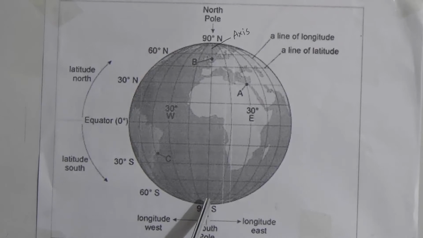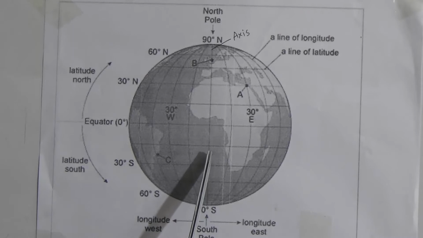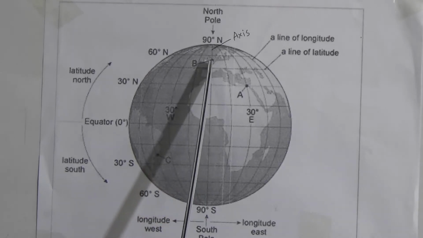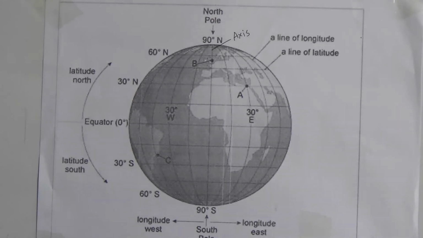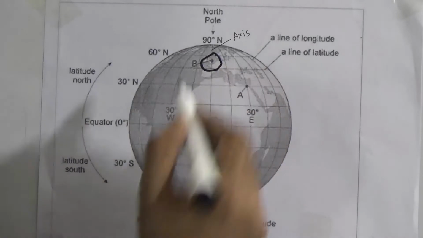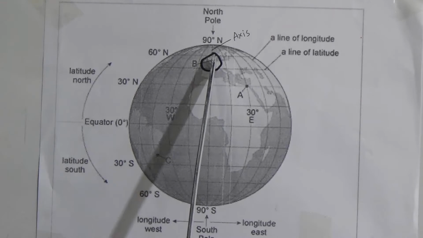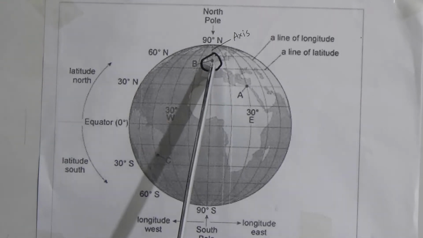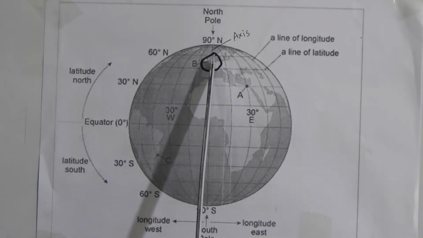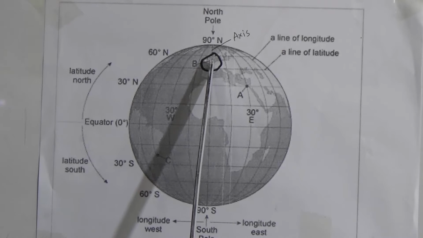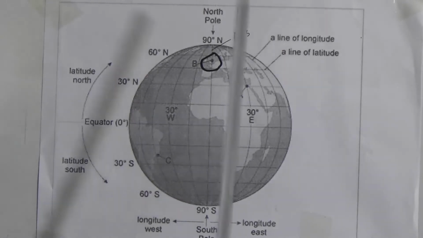This line goes straight through the country named United Kingdom or Britain, and here is the place named Greenwich. This is the center of the earth, and for this reason this is also called the prime meridian.